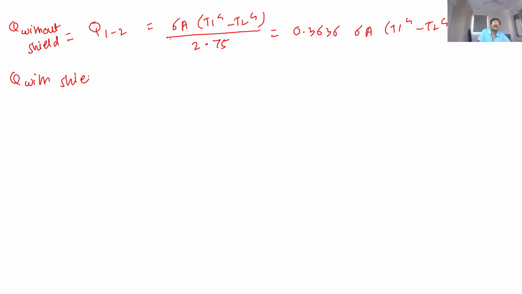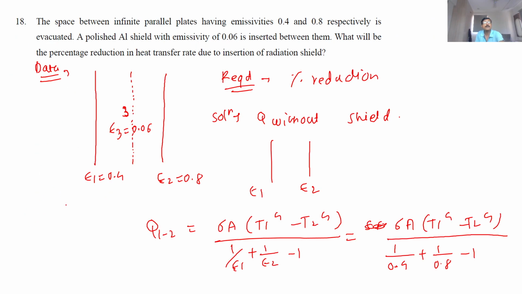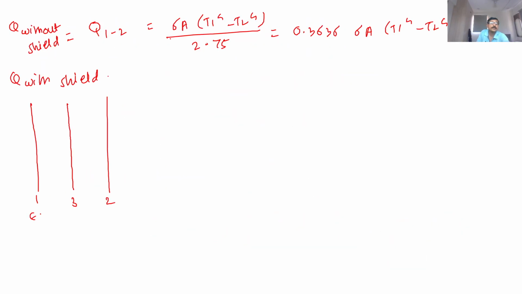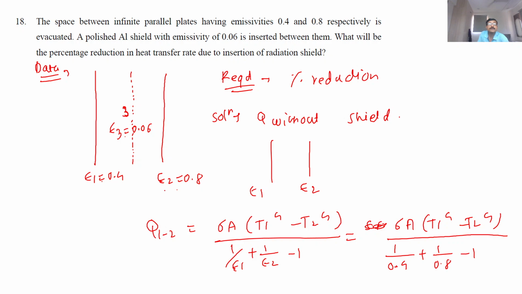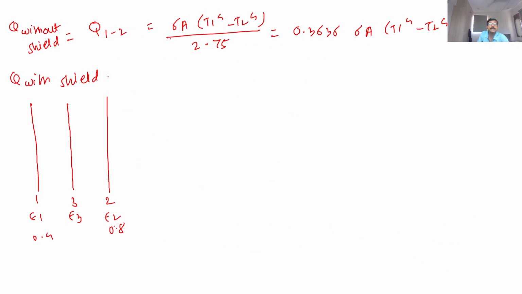Q with shield. How will it be? This is 1, this is 2, and only one shield is added, so this is 3. And you know the values of epsilon 1, epsilon 3, and epsilon 2. What is epsilon 1? 0.4. What is epsilon 2? 0.8. And what is epsilon 3? What is the emissivity of the shield? 0.06.